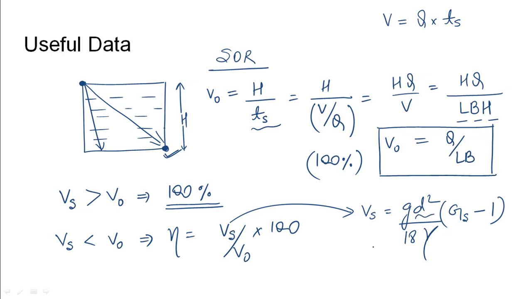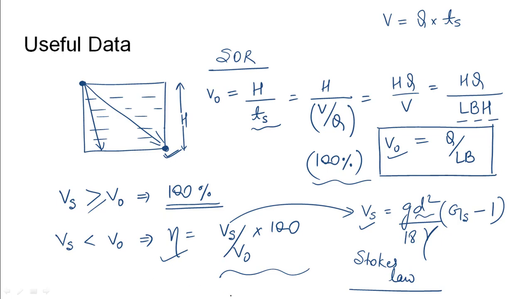So using Stokes law, we can find the settling speed of a particle, and then we can compare this Vs value with the V naught computed here, which is the standard value for 100% efficiency. Once we have taken the ratio, we can find the efficiency of settling of a particle. In case Vs is greater than or equal to V naught, it will always settle with 100% efficiency.